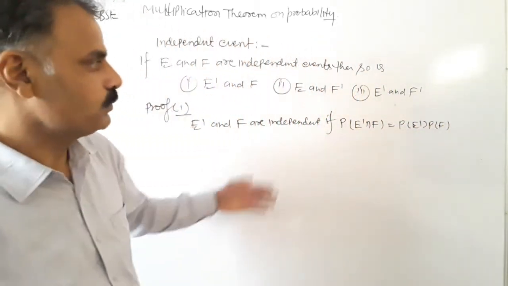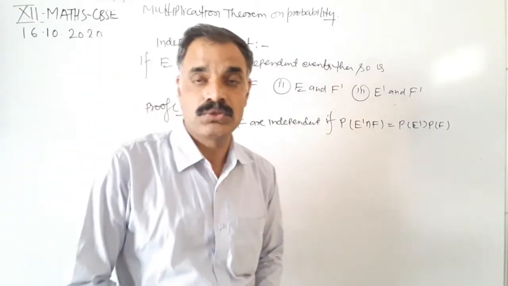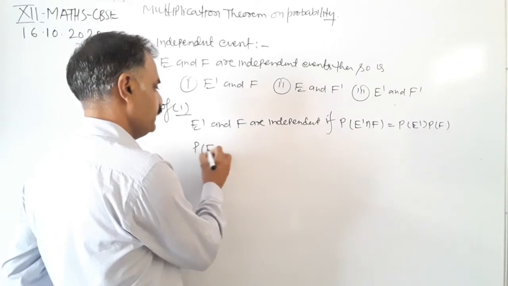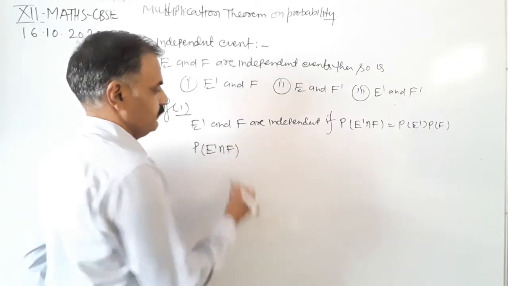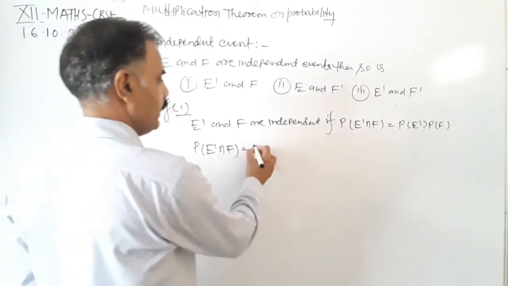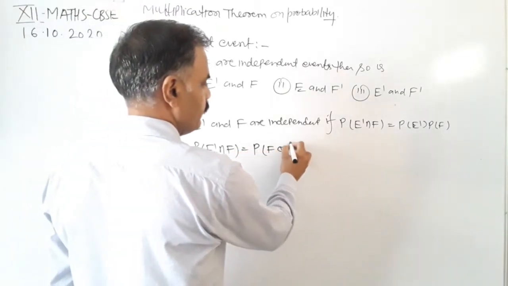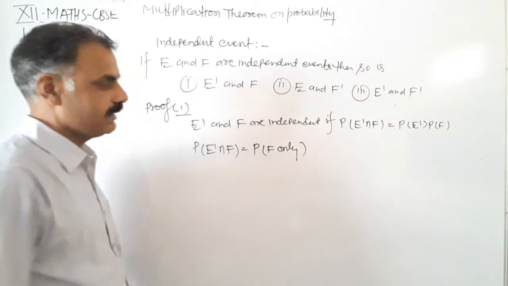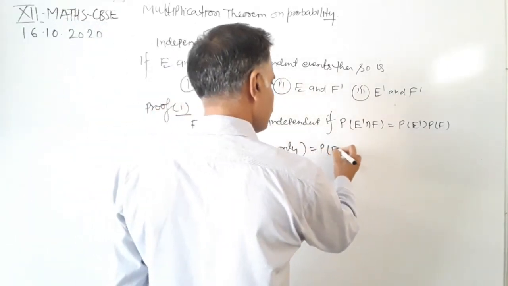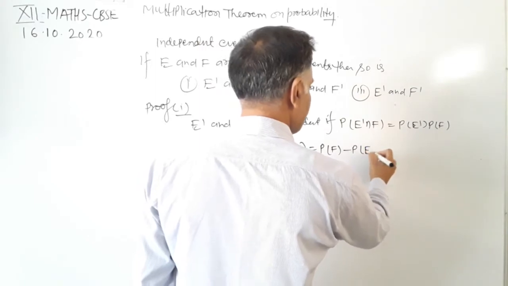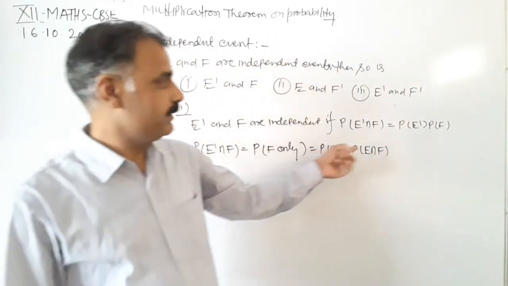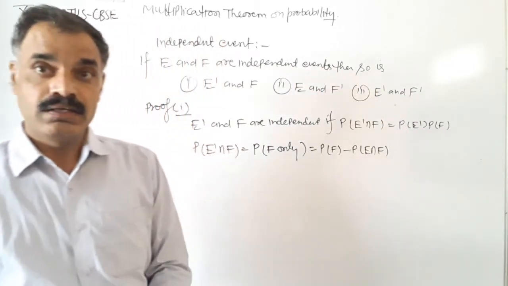So we have to show this result to prove the first. Let us start with P(E dash intersection F). E dash intersection F means F only. This can be written as P(F) minus P(E intersection F).